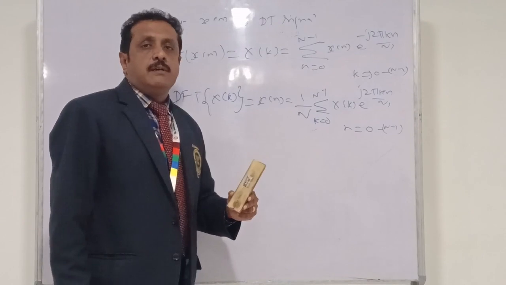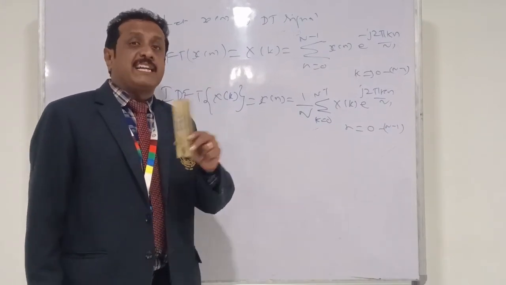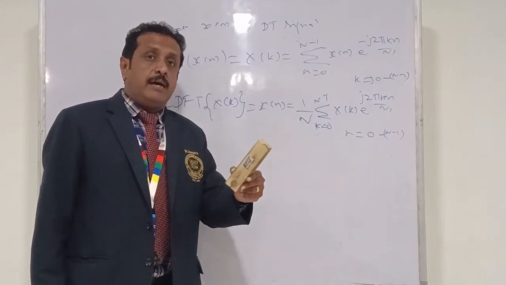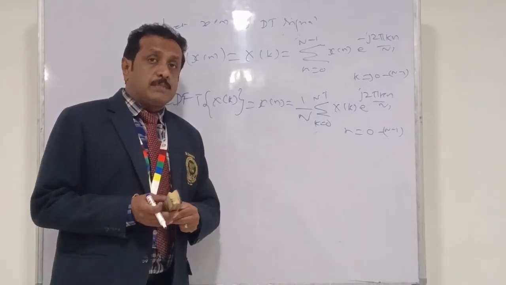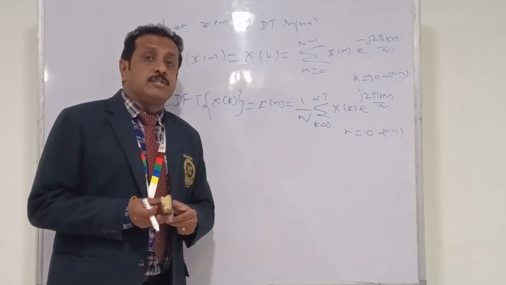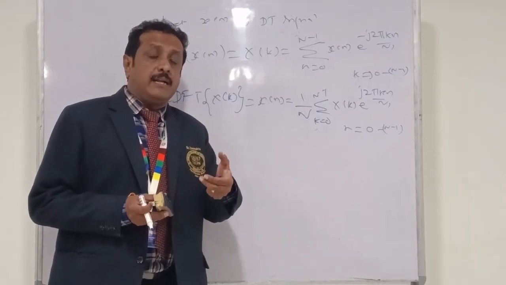With the use of this, we can compute. This is a direct computation method to transfer the signal from time domain to frequency domain. This is possible when the length N is small.